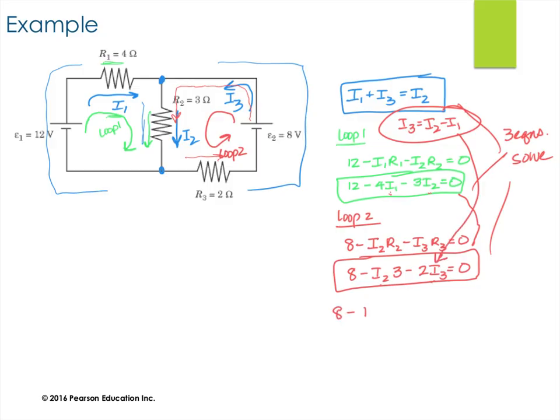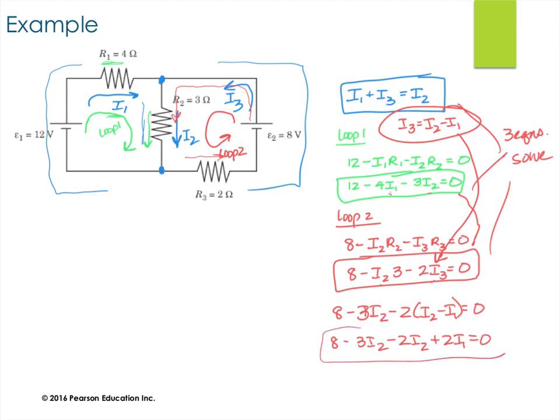So I have 8 minus 3I2 minus 2(I2 minus I1). 8 minus 3I2 minus 2I2 plus 2I1. So this will be my new second equation. So I have 8 plus 2I1 minus 5I2.